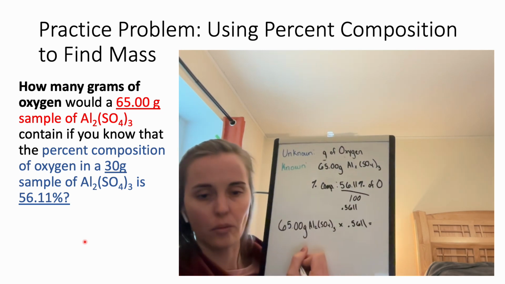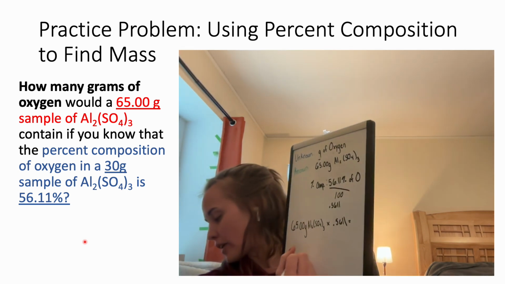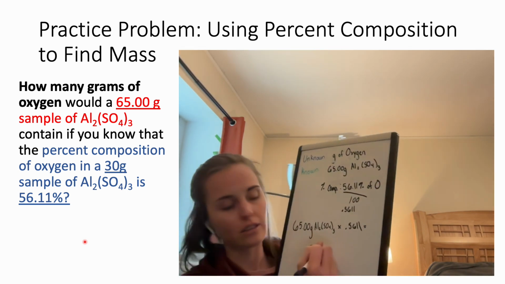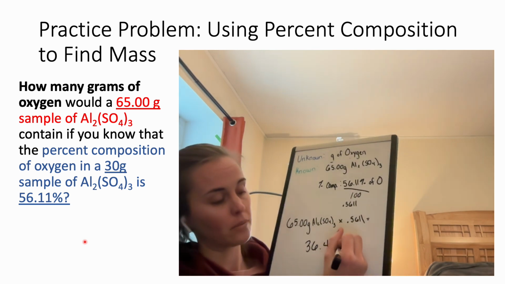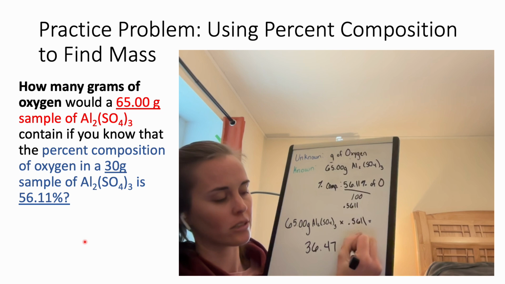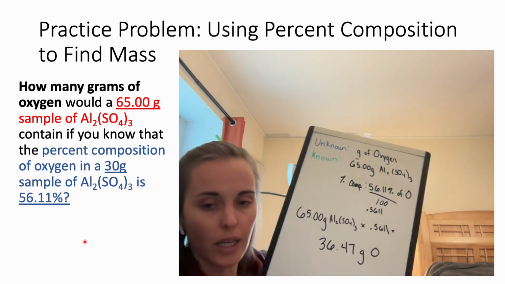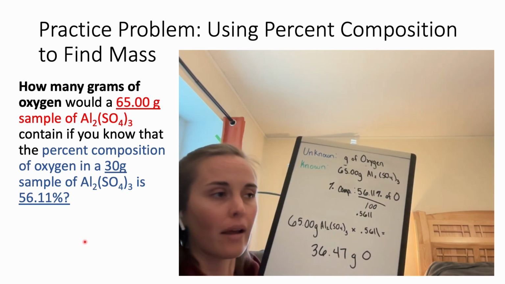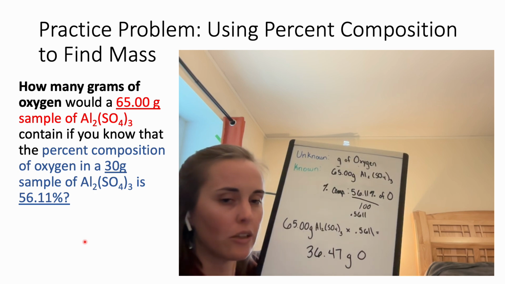So once you pause the video and do the calculations yourself, the final answer is going to be 36.47 grams of oxygen. The cool thing about these is they're pretty simple in terms of math, but probably a little more tricky in terms of figuring out what exactly you're trying to do with your equation.